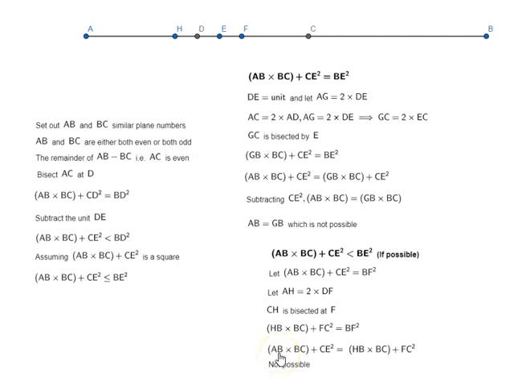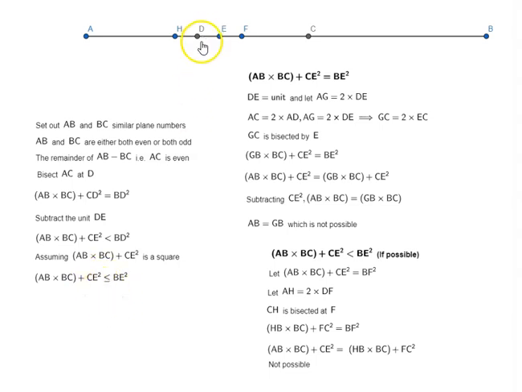Because if you look at this, FC square and CE square, FC square is going to be less than CE square because FC is less than CE. So just because of this itself, we can say that they will not be equal. And in any case, we have said that it can't be greater also.